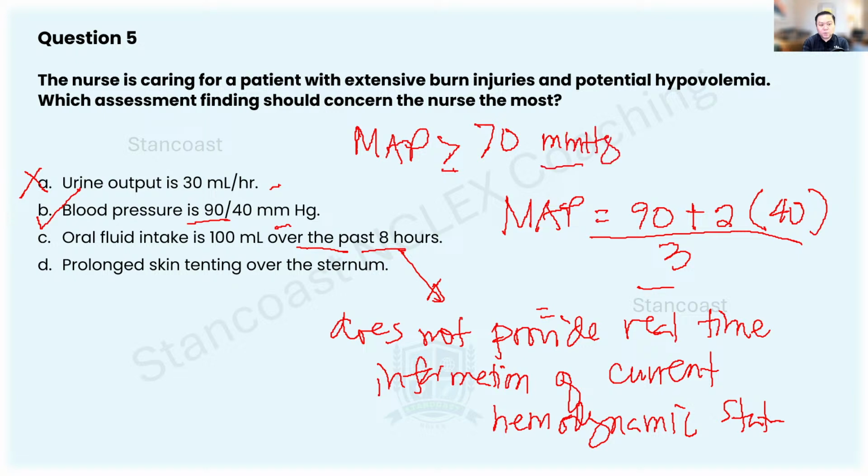So whenever the mean arterial pressure is less than 70, it simply means that there is now a compromise in the oxygenation, compromise in the blood supply to the body organs, the body tissues. There's already a compromise in the delivery of nutrients to the body tissues.